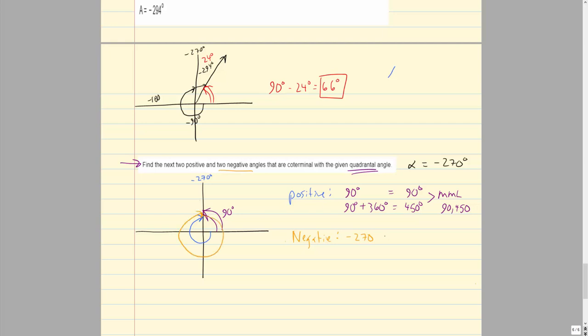So it'd be a negative 270, move 360 degrees again in the negative rotation, and negative 270 minus 360 looks like it'd be a negative 630 degrees. Then I'd start at negative 630 degrees, and do another negative spin, which would leave me at negative 990. So again, in my math lab, I enter this as negative 630, comma, negative 990.